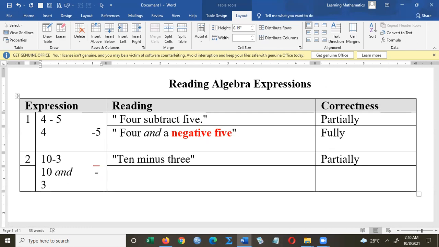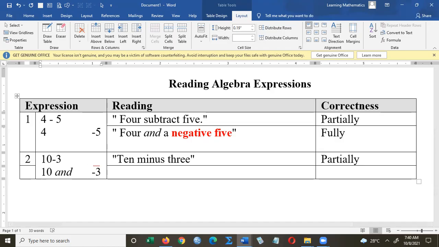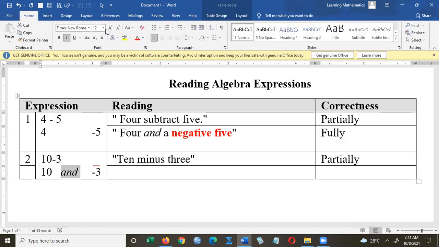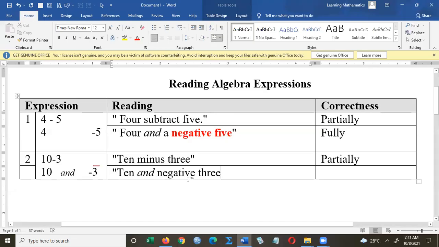It's a plus. So you can easily say 10 and negative 3. And then we can consider this as a full reading of that expression.